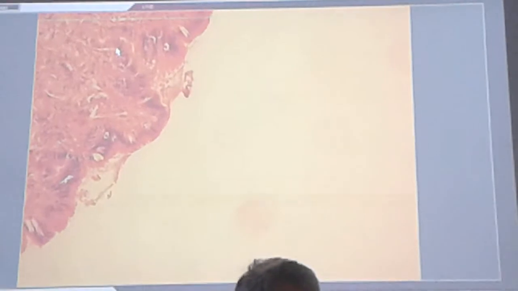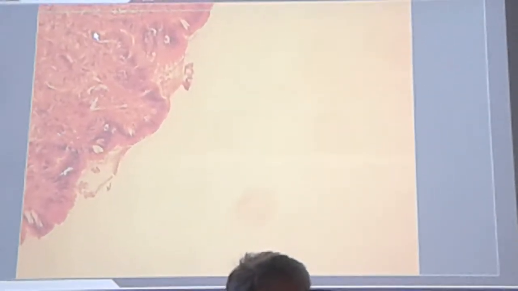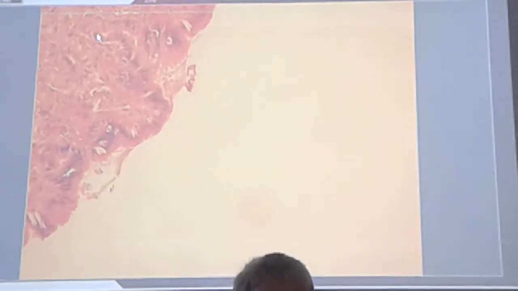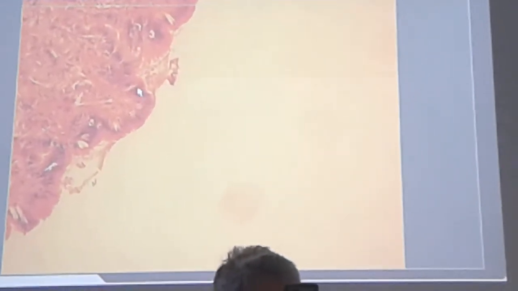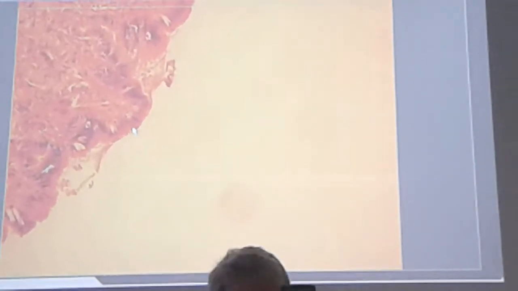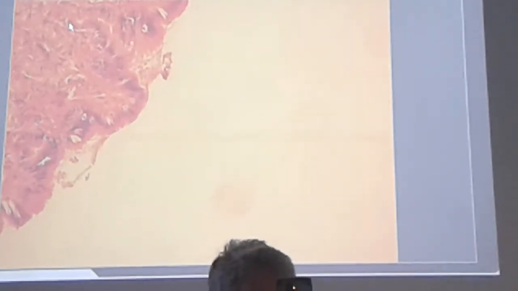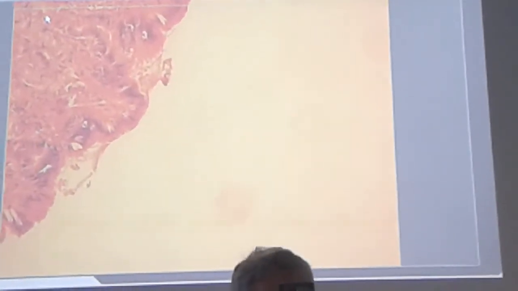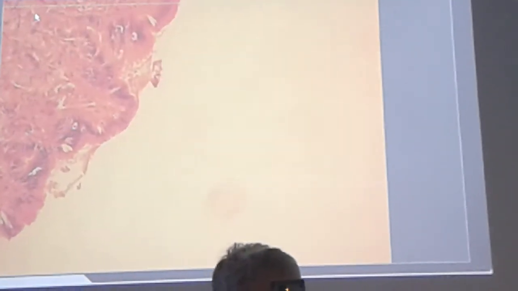And another type of cells lining this part we call the mucous neck cells. The surface tips are lined with the columnar epithelium, the surface mucous cells. And then we will go deeper into the glands now.